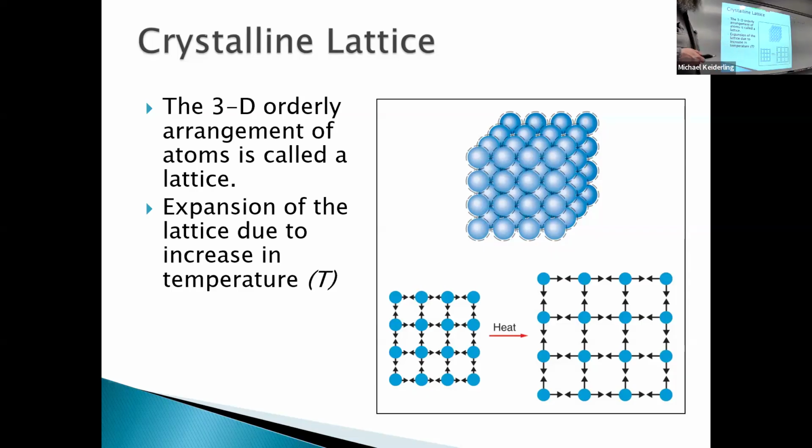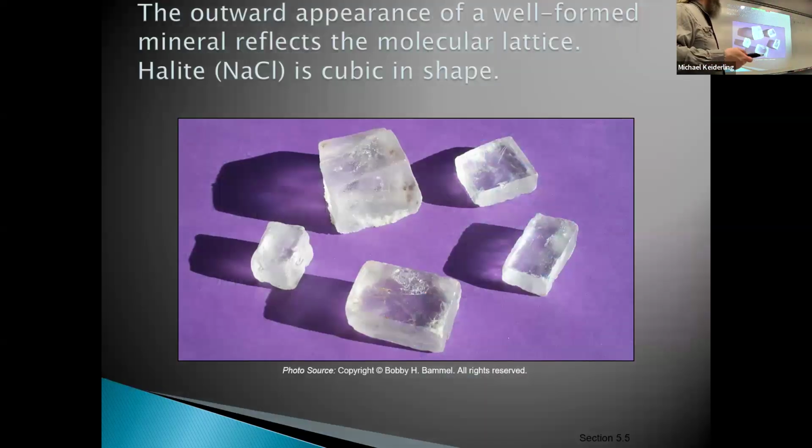There are different patterns, like ice is hexagonal. There are different crystal structures that depend on what atoms it is made of. But square, cubic like this is pretty common. So here's an example of something with a cubic lattice. Table salt, NaCl, is cubic in its lattice structure.